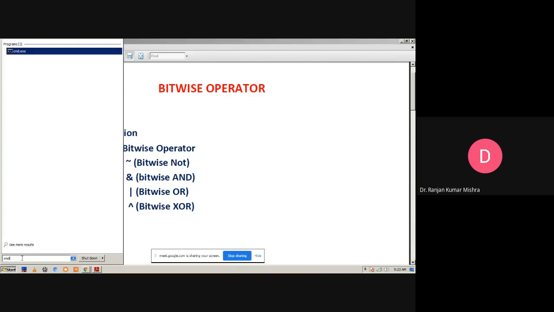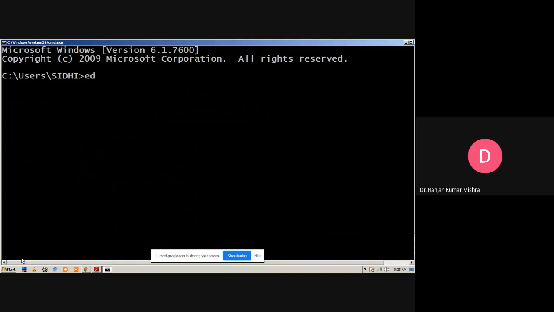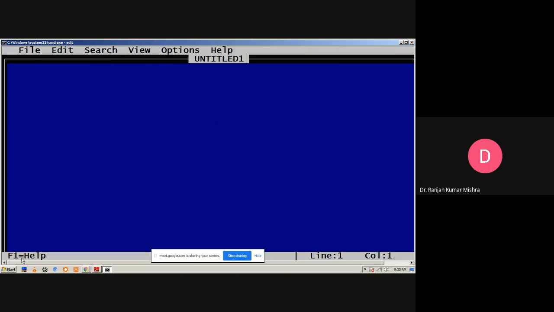Now write cmd, edit. First of all, we have to use bitwise operators. What are bitwise operators? They are operators that work on the bits.